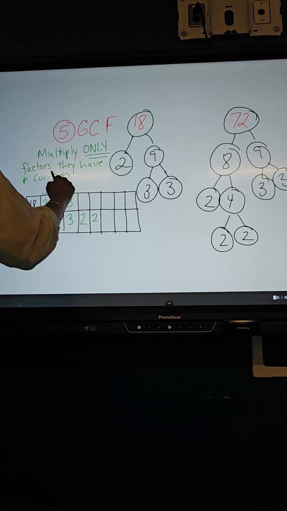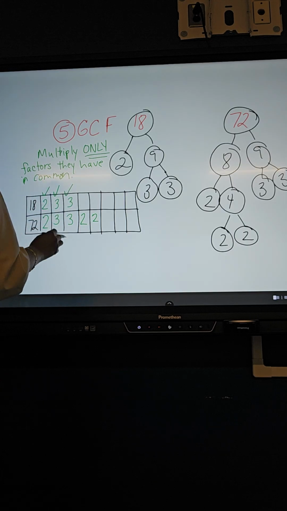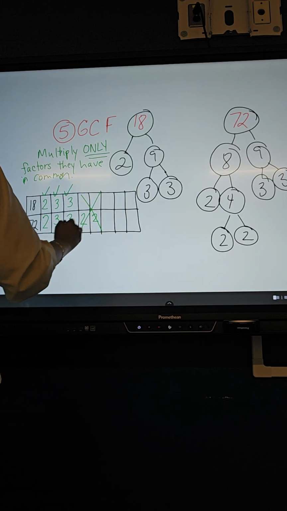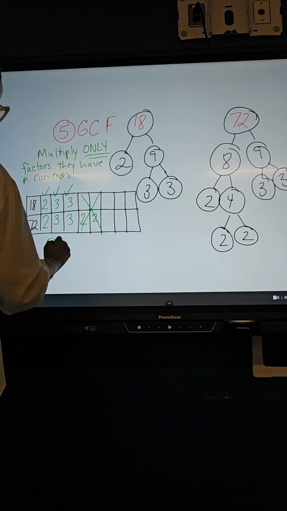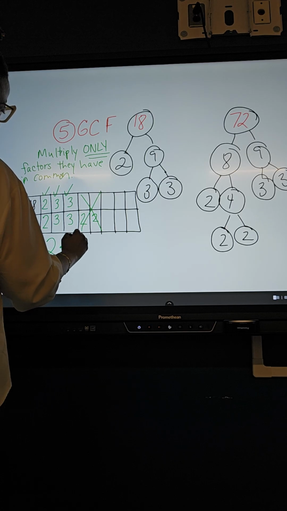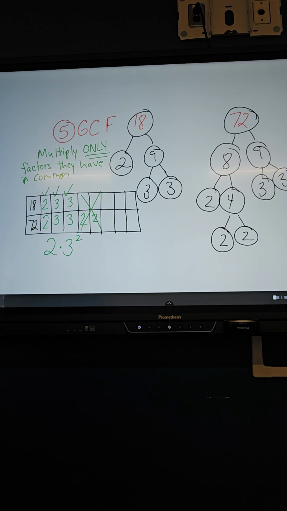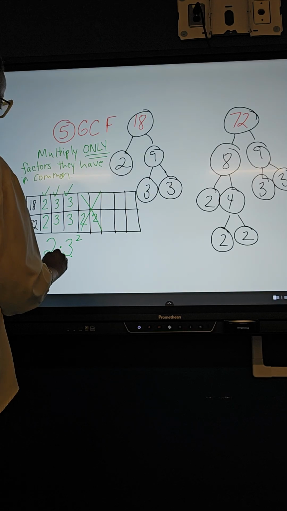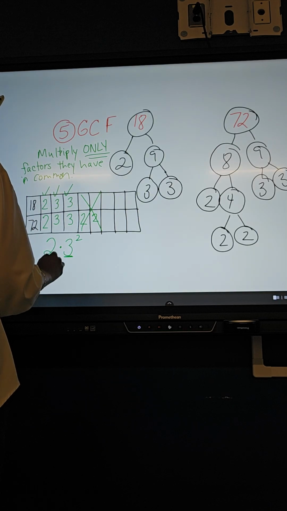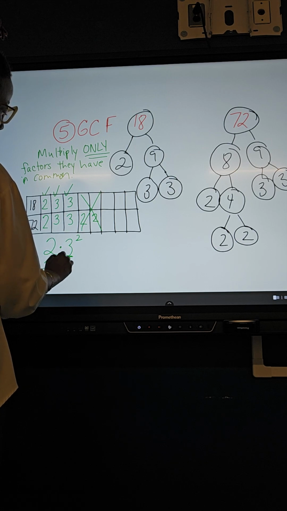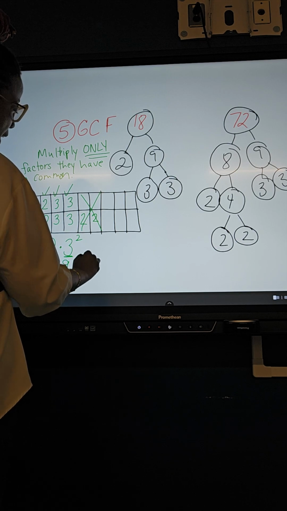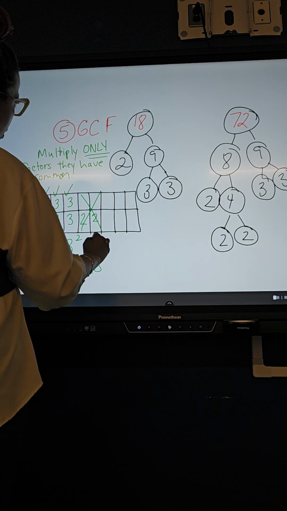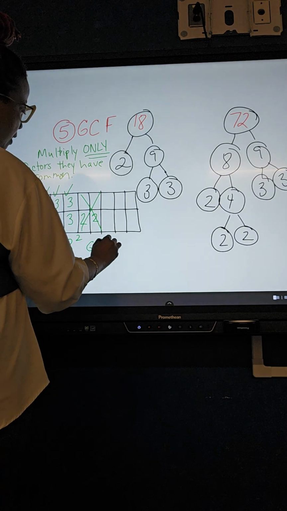They have 2, 3, and 3. They do not have these in common. So I'm multiplying 2 times 3 to the second power. Remember, powers means I multiply my base number that many times. So 3 2 times. So 2 times 9, which equals 18. So my greatest common factor is 18.